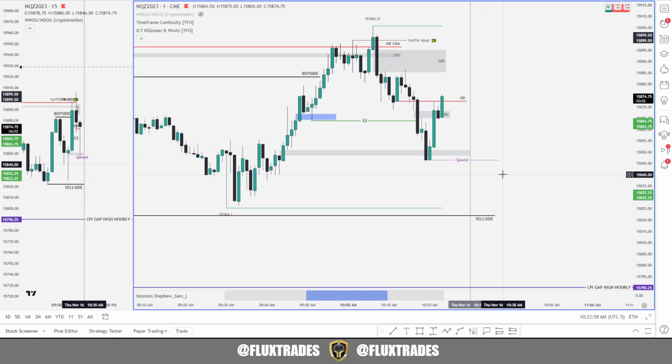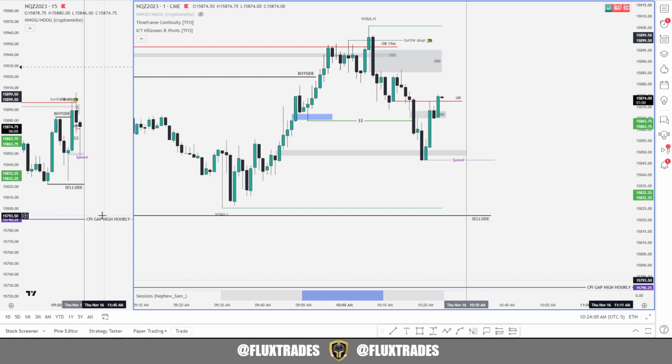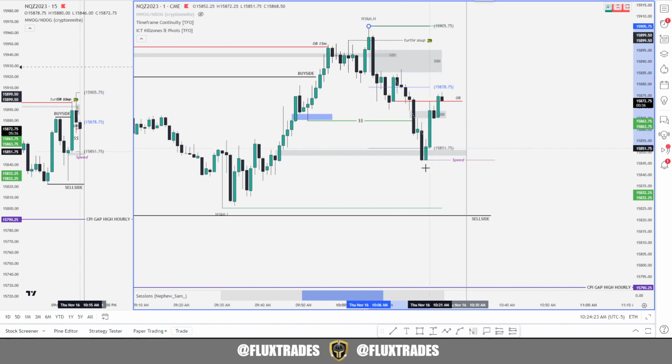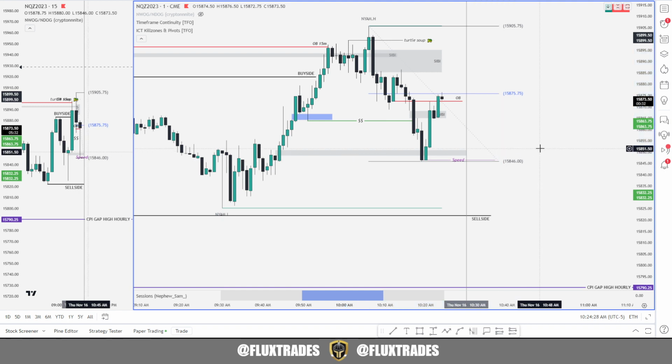So trading definitely further than I like. I wanted to just see maybe this gap fill and dump off. But we are within premium, I think. No? Let's see. Yep, just wicked into premium there.